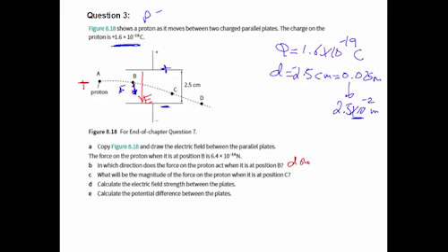Down, towards the negative plate. And because of this force, the proton is accelerating downward, and it will follow this parabolic path, this trajectory.